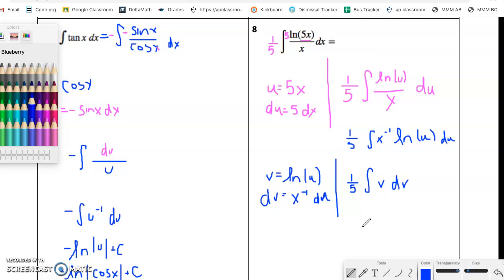So now, really easy to integrate. I'm just using my reverse power rule, and I have 1/5 times v squared here, and then this is going to be 1 over 2, because I need to divide by my new exponent, plus c.